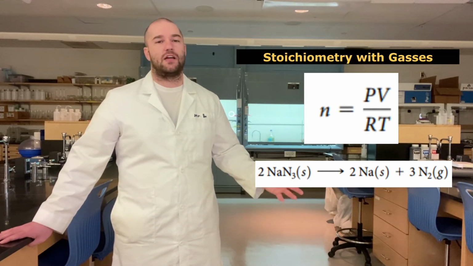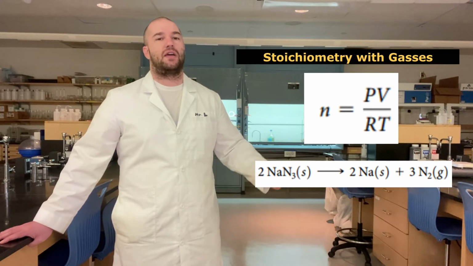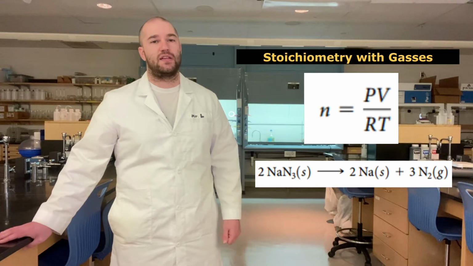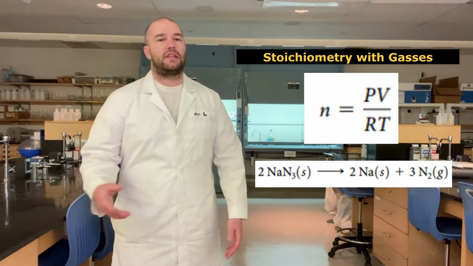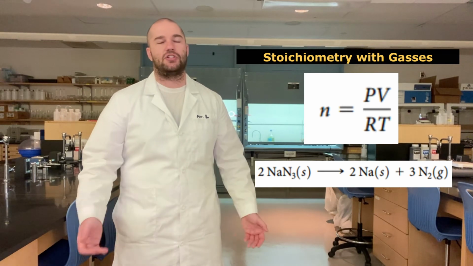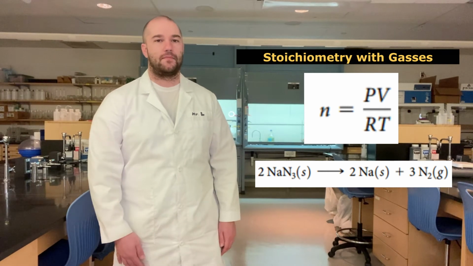Say we've got some mass of crystals, we could calculate the moles of those crystals, and then figure out the mole-to-mole ratio of the crystals to the nitrogen gas produced. And then from there, you can just plug that into the ideal gas equation and figure out the pressure, the volume, the temperature. It doesn't matter. All this is now relating to stoichiometry.